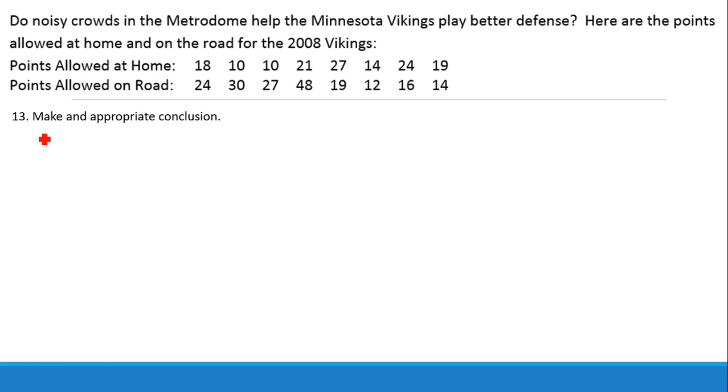Make an appropriate conclusion. So we failed to reject H0.